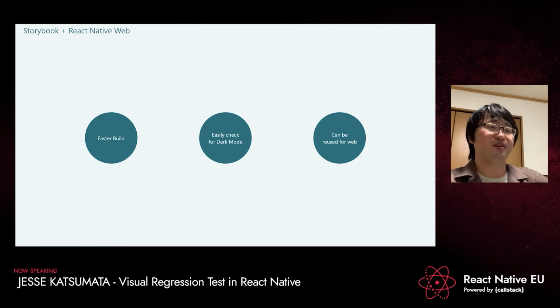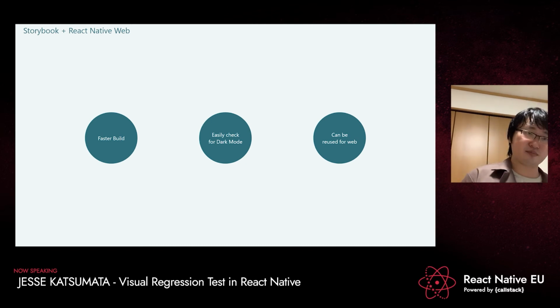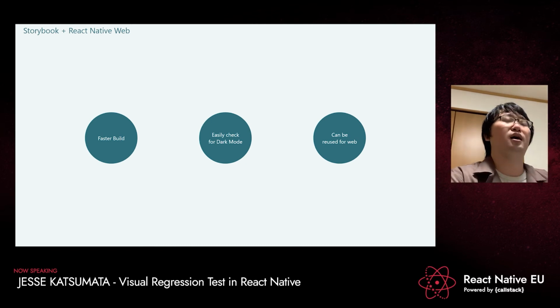Storybook has support for various front-end web frameworks, including React, and it also has support for React Native apps. But actually, I don't use Storybook for React Native. I use Storybook for React on web, along with the React Native for Web library.